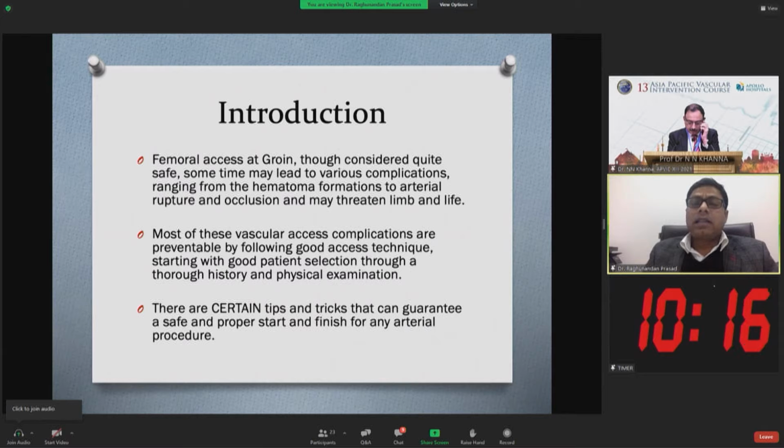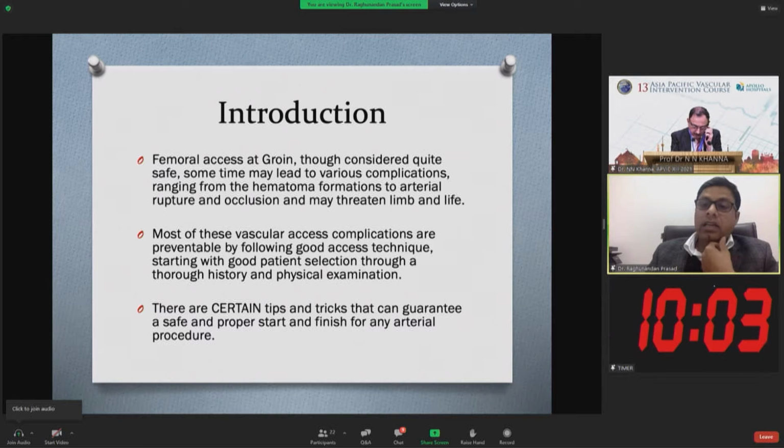Although femoral access at the groin is considered quite safe, sometimes it may lead to various complications, which may range from hematoma formation, pseudoaneurysm, AV fistula formation, dissection, and very rarely occlusion, which may threaten limb and life both.